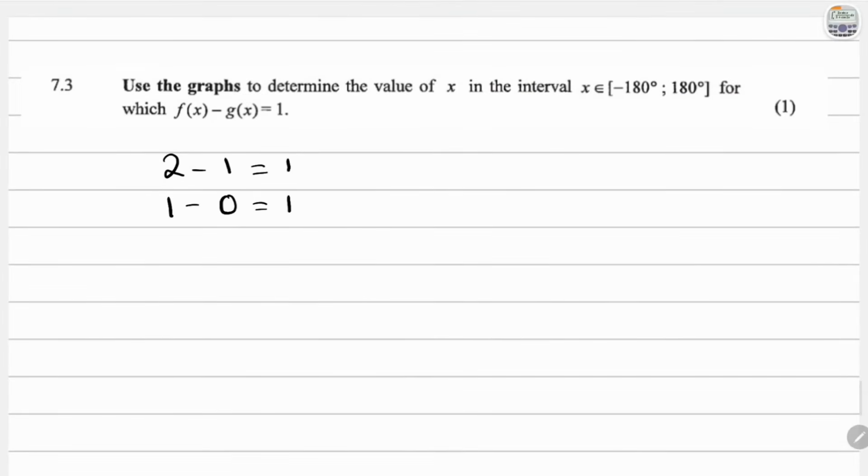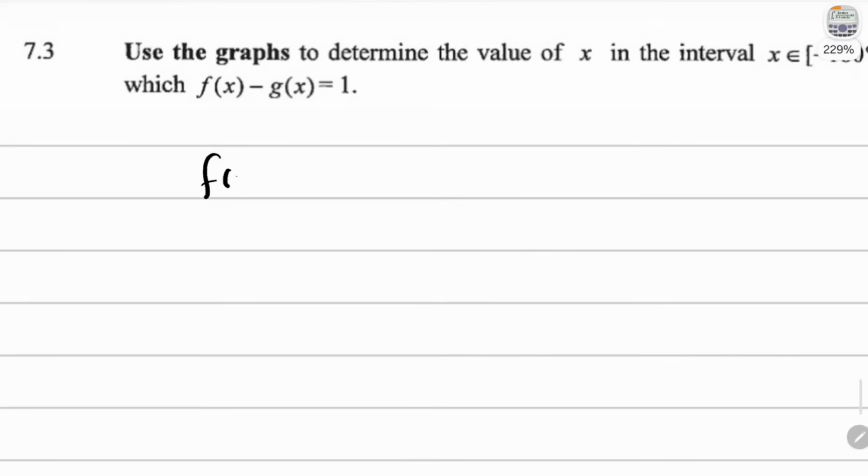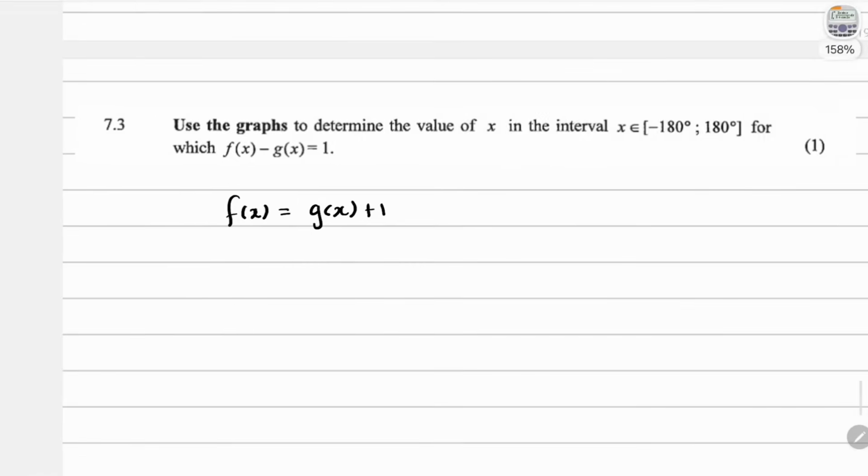Another way to think about this is we could rewrite this equation as f of x is equal to g of x plus 1, meaning look for places where f of x would be exactly equal to where they would intersect if you took g of x and shifted it up by 1 unit.